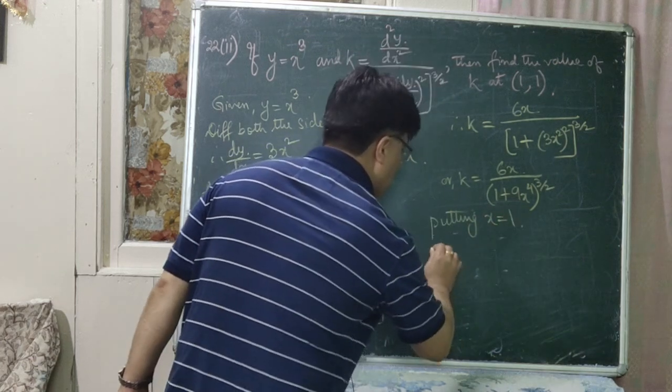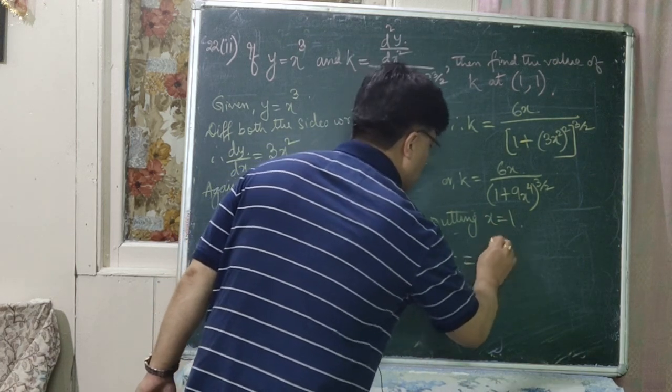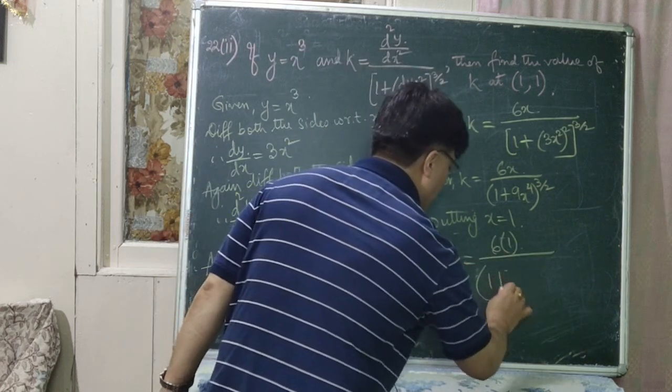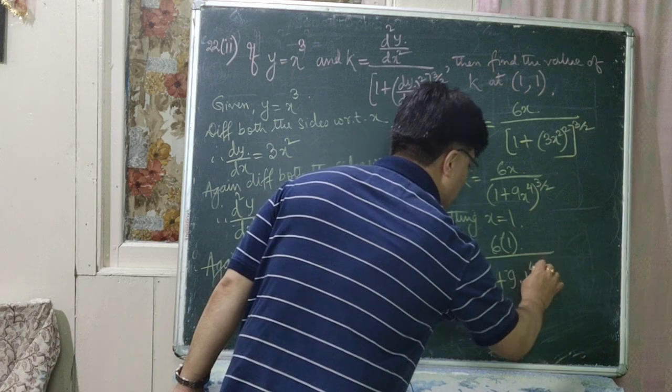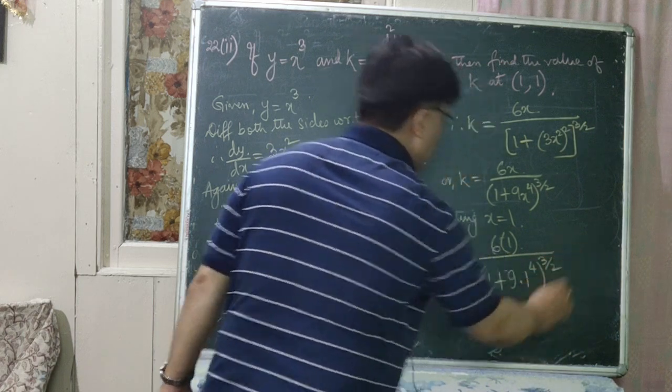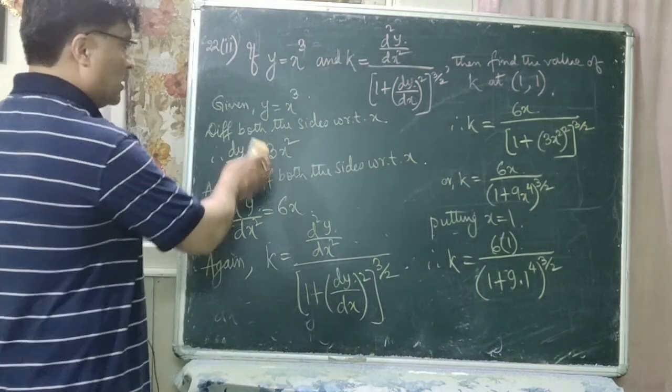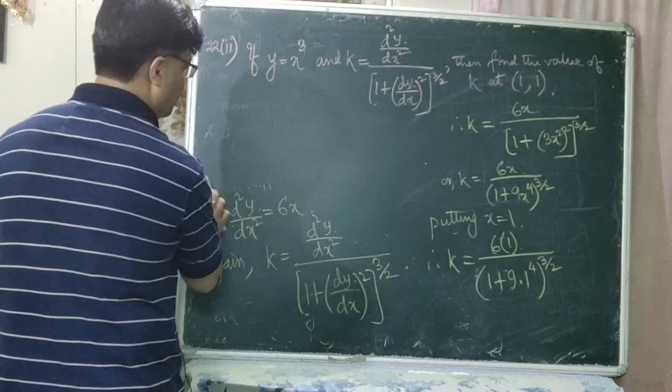Okay. So therefore k is equal to 6 into 1 whole divided by 1 plus 9 into 1 to the power 4 whole to the power 3 by 2. So I think you have understood it. So let us simplify it now.